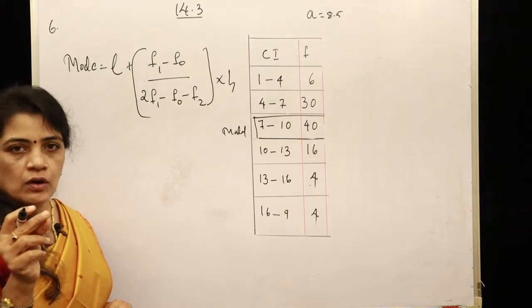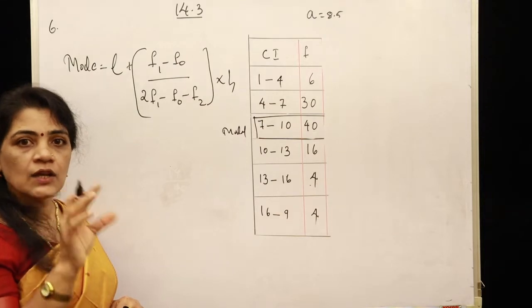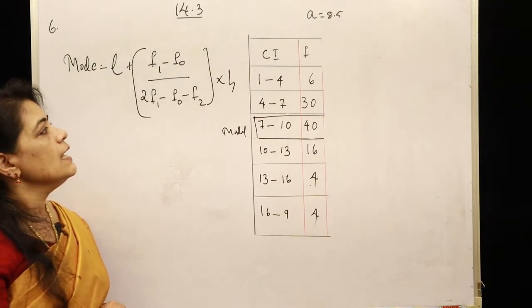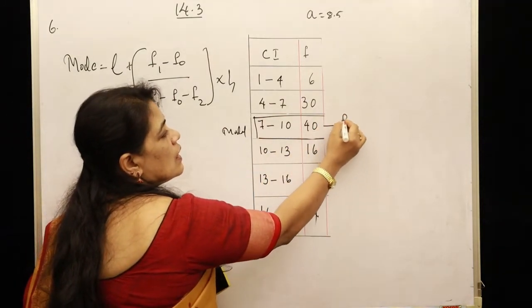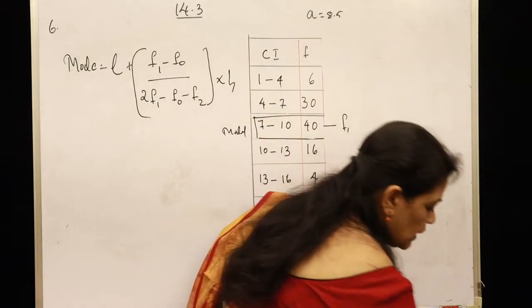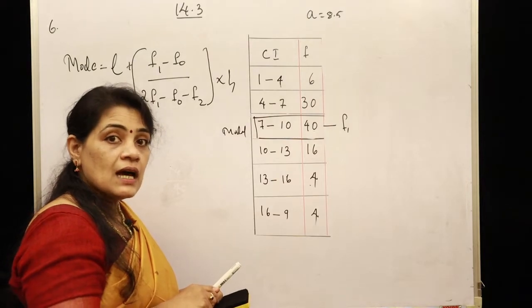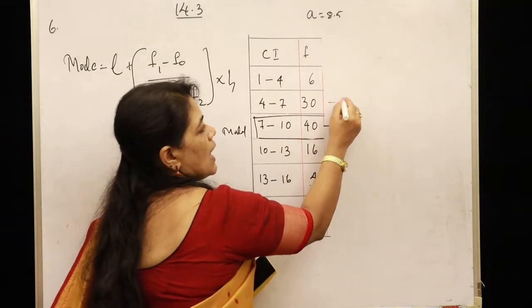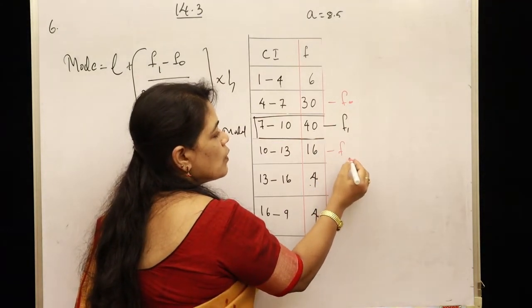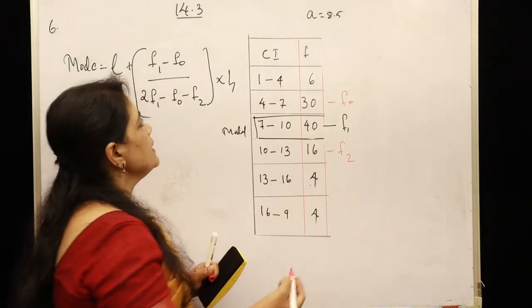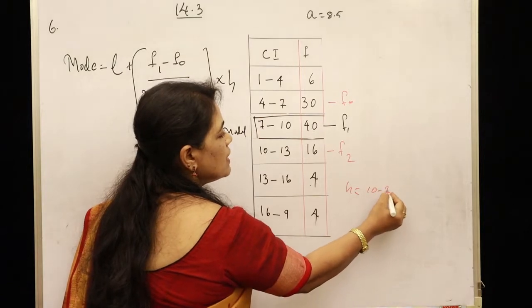Here F1 is the frequency of the modal class. F0 is the frequency of the class preceding the modal class. F2 comes after the modal class. And height is again upper limit minus lower limit, that is 10 minus 7, that is 3.